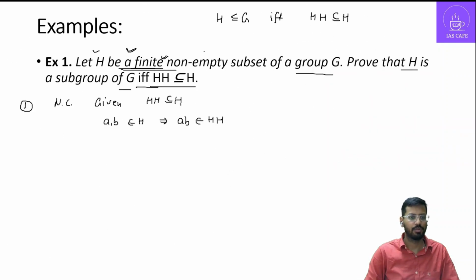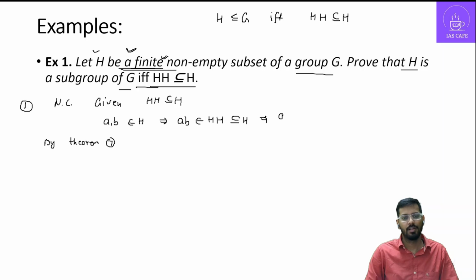So by the seventh theorem, by theorem 7, we can say, given that AB belongs to HH, that is a subset of H, that implies AB belongs to H. ठीक है, मतलब क्लोजर प्रॉपर्टी सेटिस्फाई होती है यहाँ पे, अगर दिस इज गिवन देन क्लोजर प्रॉपर्टी इज सेटिस्फाइड है.